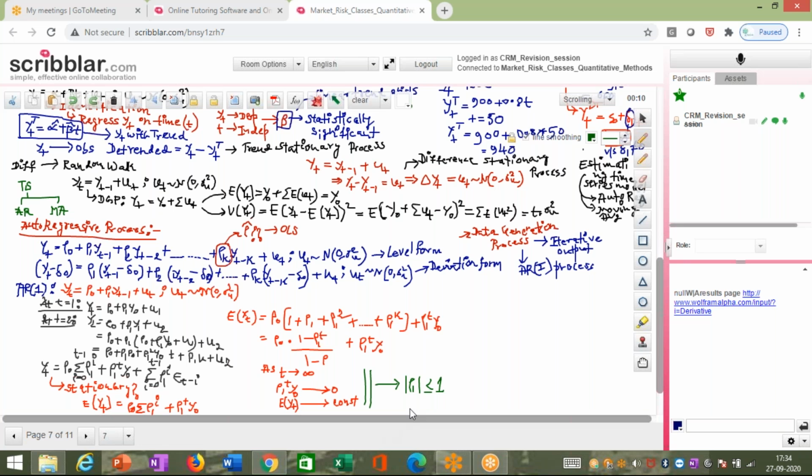So this is basically the condition for stationarity of an AR1 process.